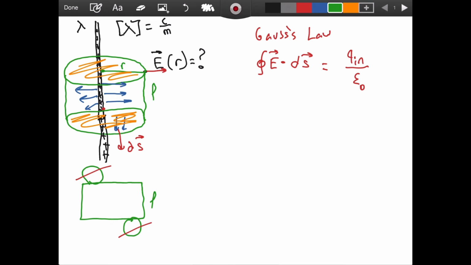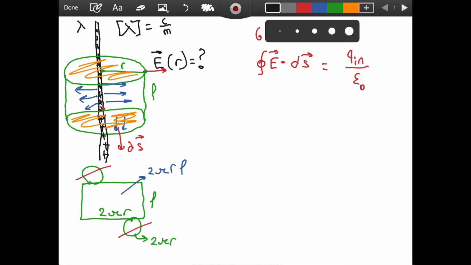Well, think of it like this. The circles that we have here completely surround this side of our rectangle. So the circumference of our circle should give us the length of this other side. What is the circumference of a circle with radius r? It is simply 2 pi r. So this length is 2 pi r. This means that this area is 2 pi r times L. Right? That's how you find the area of a rectangle.